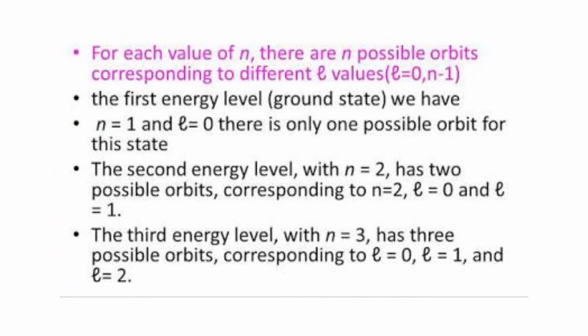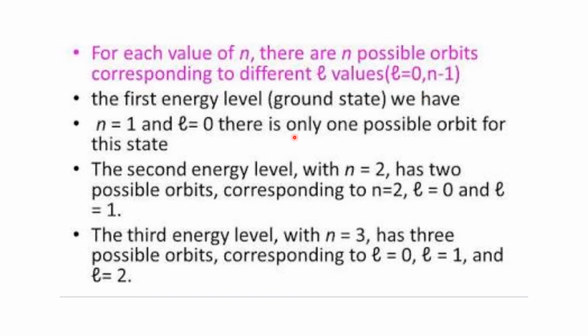Now, it was observed that for each value of n, there are n possible orbits corresponding to different L values. Later on, the azimuthal quantum number k was changed to L, and these values range from 0 to n minus 1.